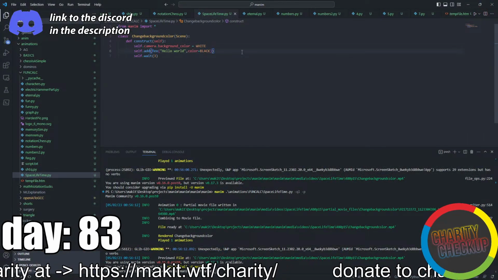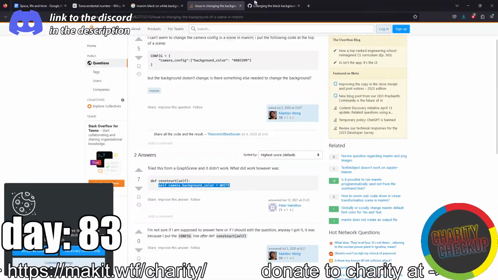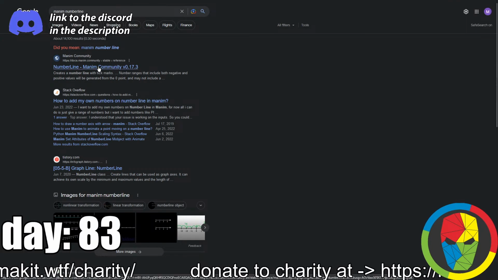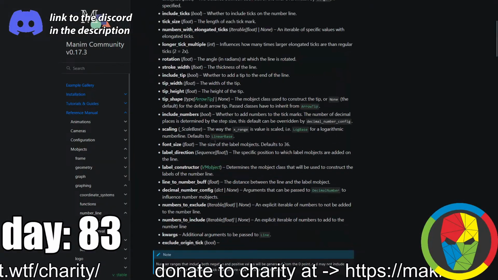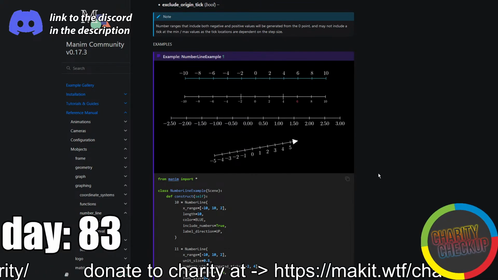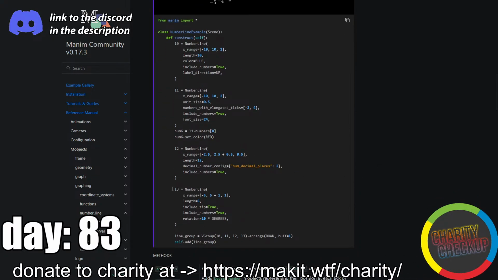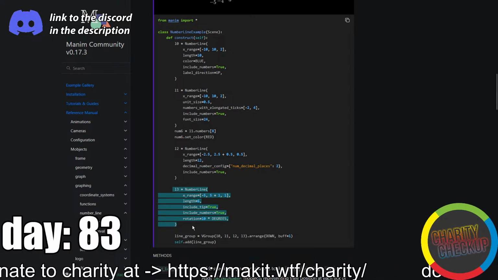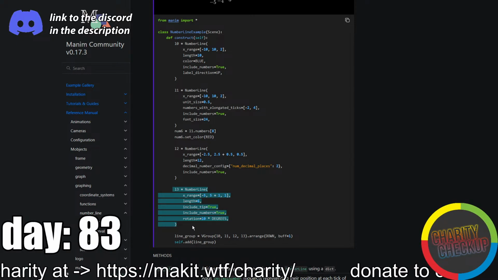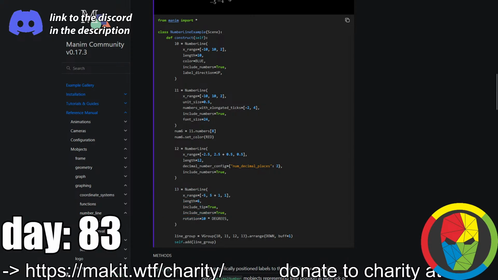So now all we have to do is create a number line. Oh, I thought it was called L3, but it's L3. Yeah, that makes more sense.